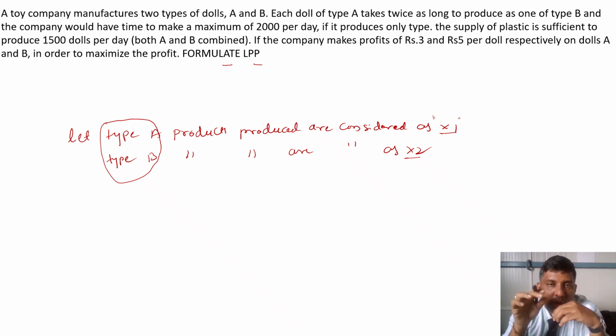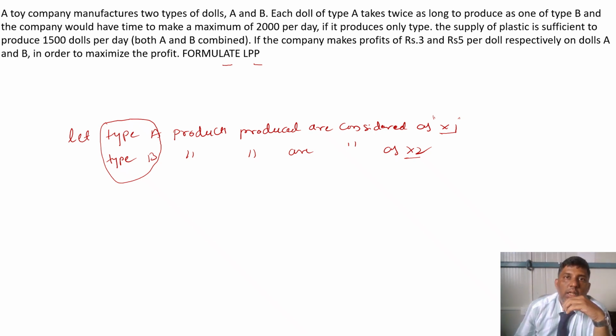Based on these two constraints we can construct two equations. Reading the second line here: type A takes twice as long to produce as one of type B. It means a type A doll takes two times the time of type B, so the constraint equations will be like this.